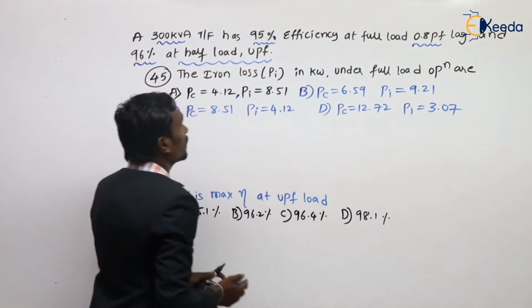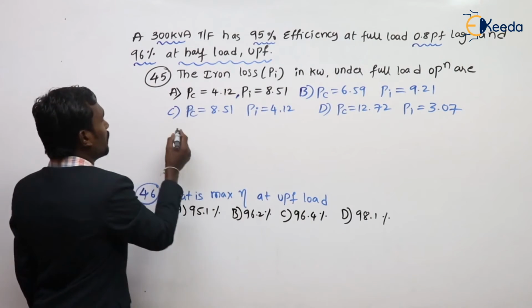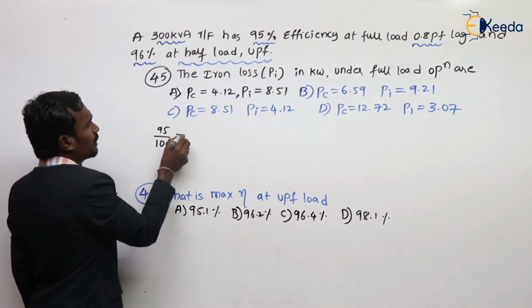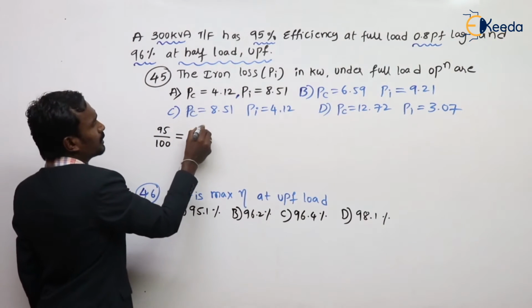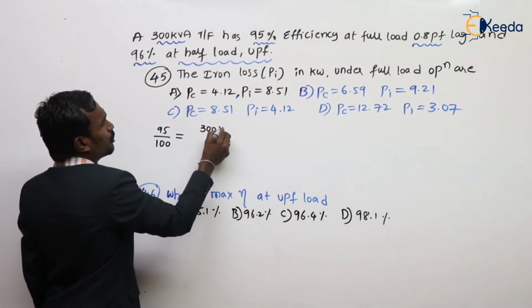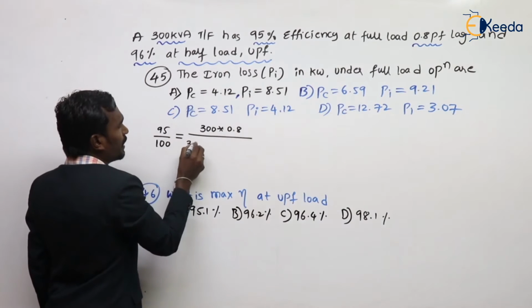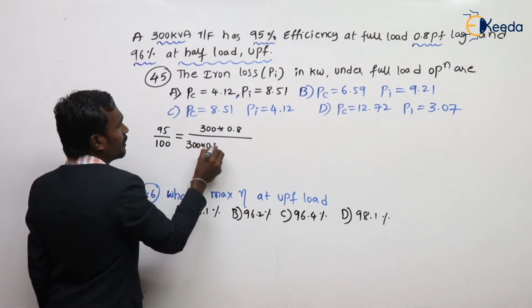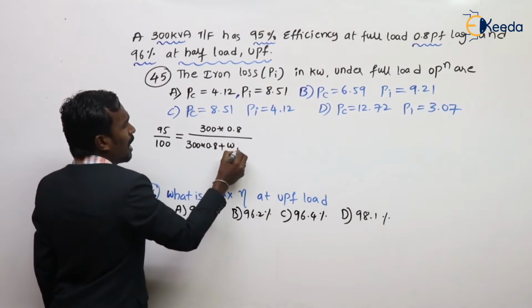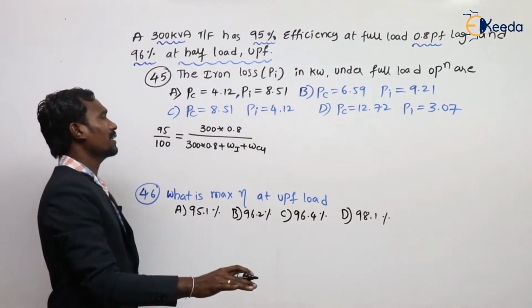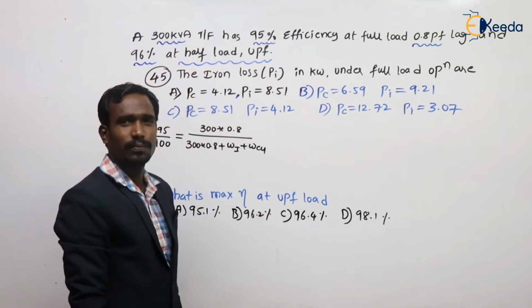So let's calculate. First, efficiency is 95%. 95% efficiency is equal to the output, kVA into power factor, by kVA into power factor plus iron losses plus copper losses. We don't know iron losses, we don't know copper losses.